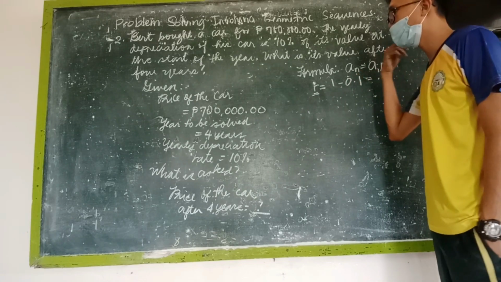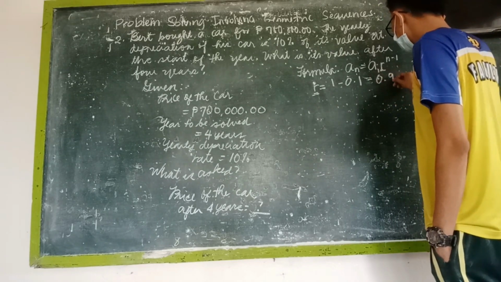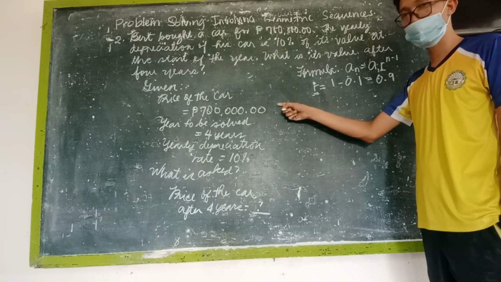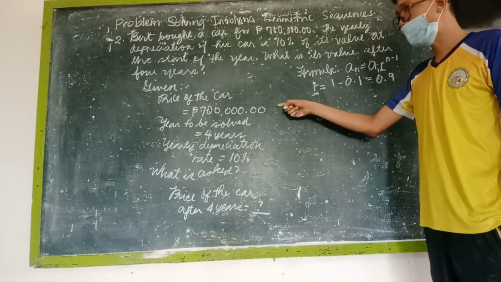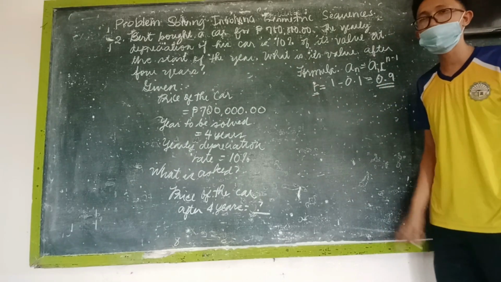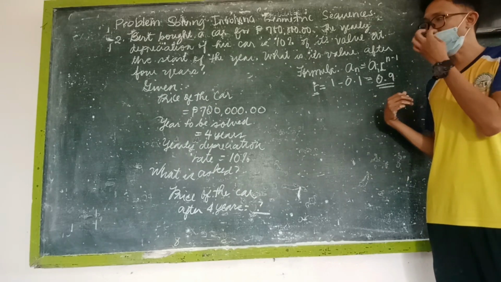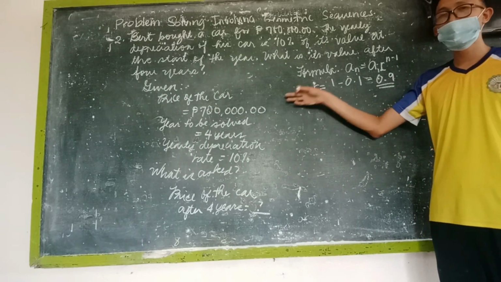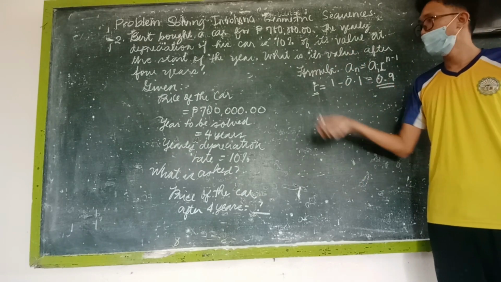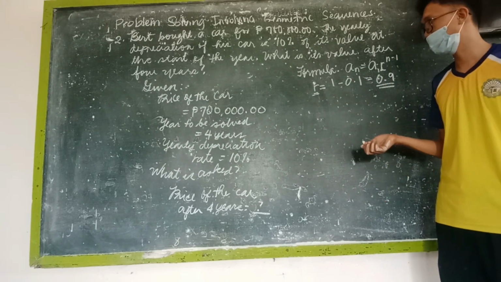So, ang price ng car after a year is 90% na lang nung original na presyo ng kotse. So, we can say that the common ratio of this problem is 0.9 or 90%. So, ibig sabihin, 90% na lang ng presyo ng car ang ating isa-solve after a year. So, 700,000 times 90%, so yun ang isa-solve natin.